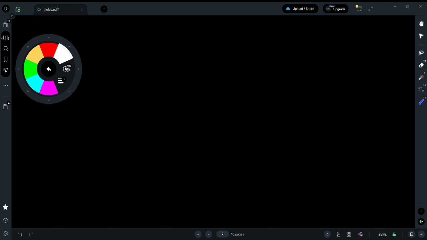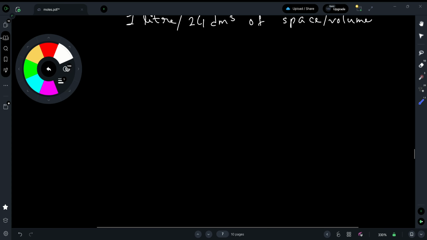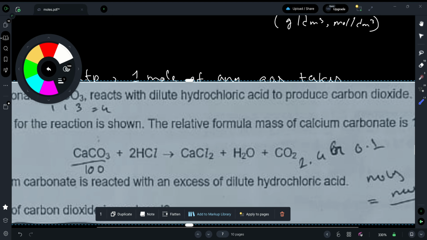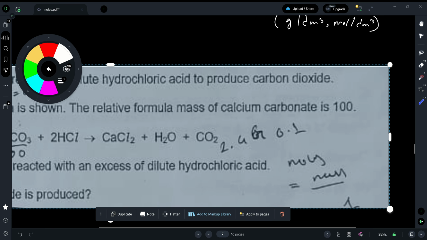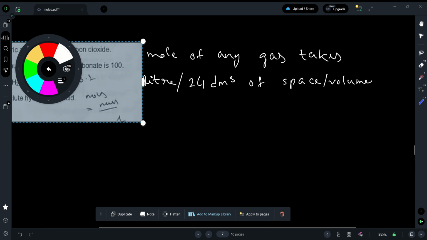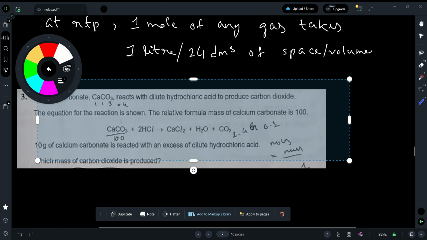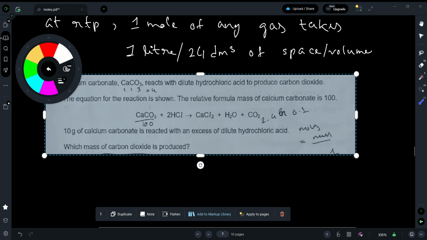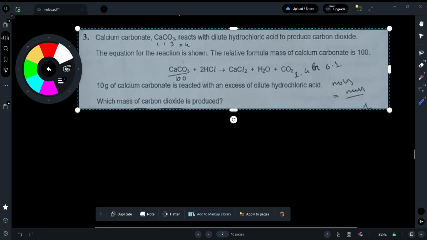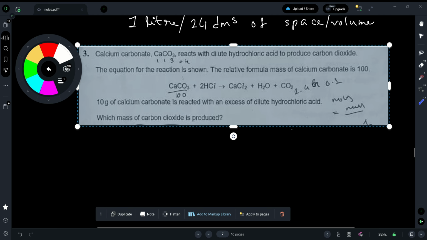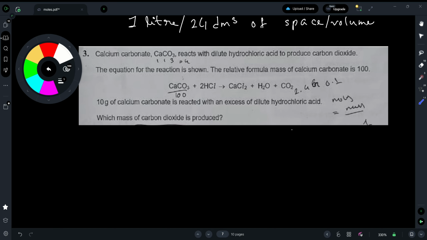Okay, so here's our first question. It says: calcium carbonate reacts with dilute hydrochloric acid to produce carbon dioxide.